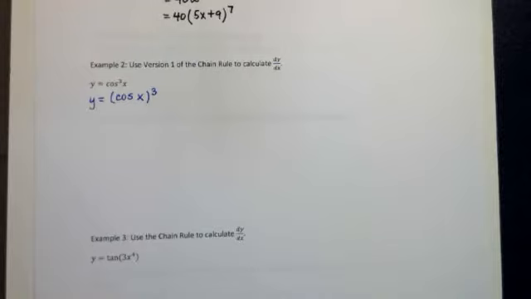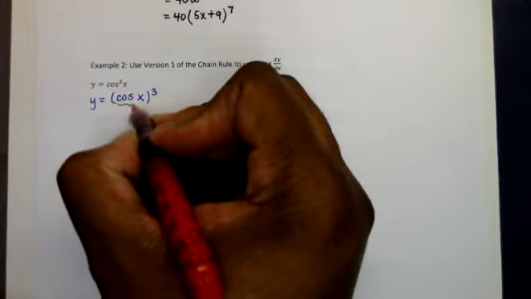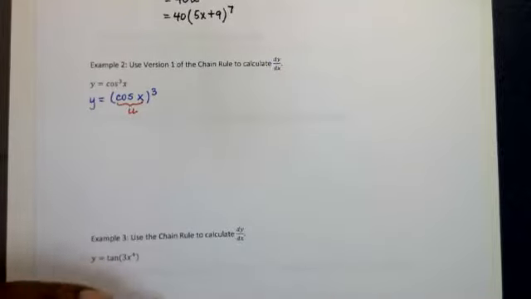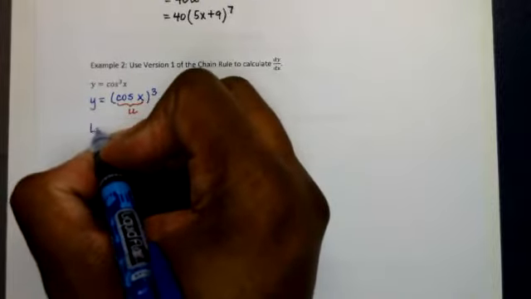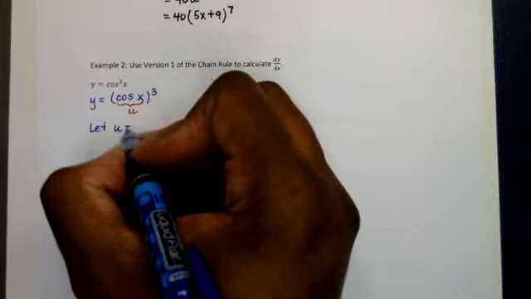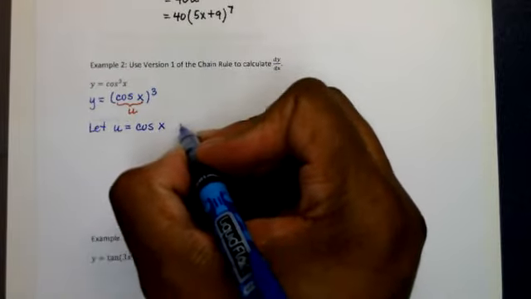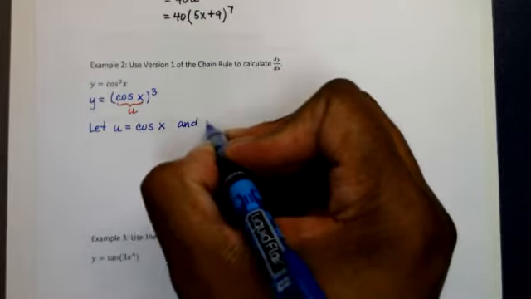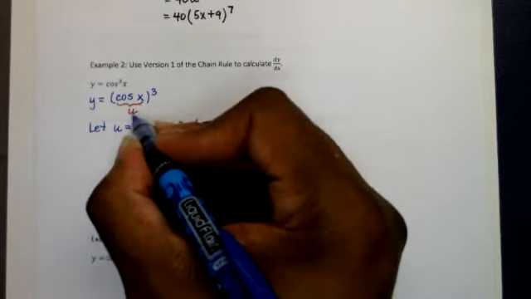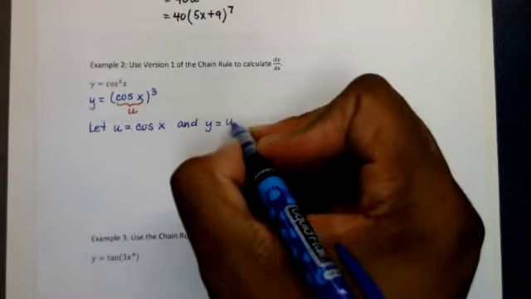Now I'm going to use version 1 of the chain rule by letting u equal to cosine of x. And that would mean that y is equal to u raised to the third.